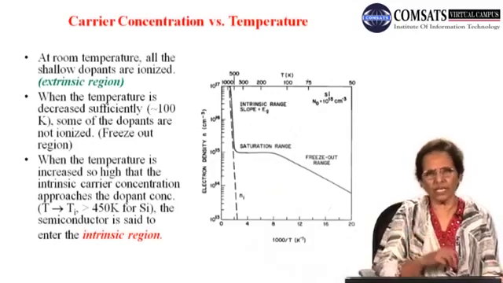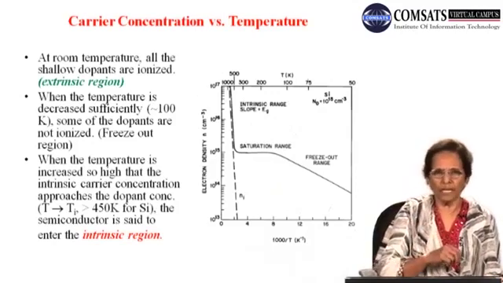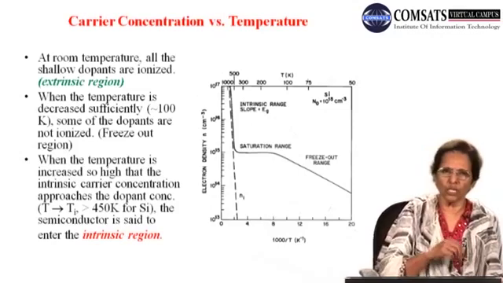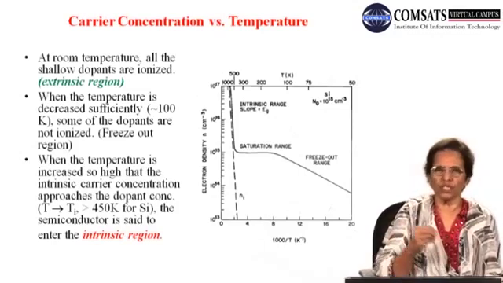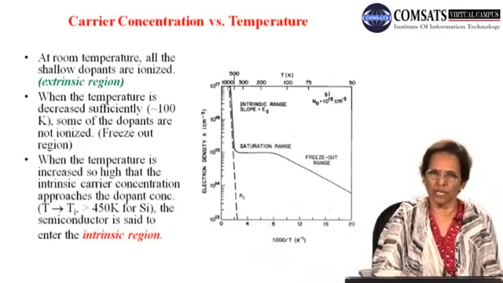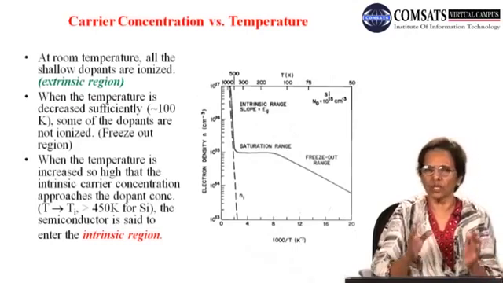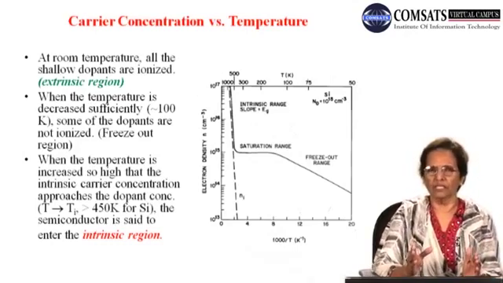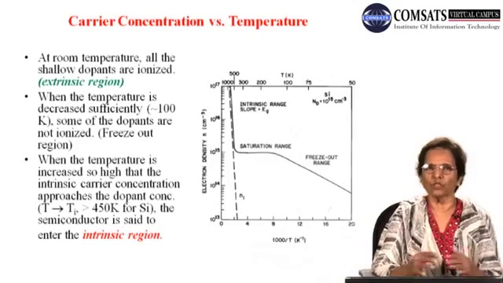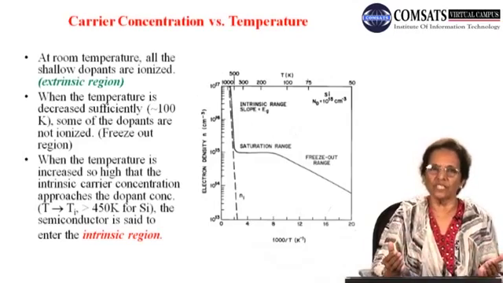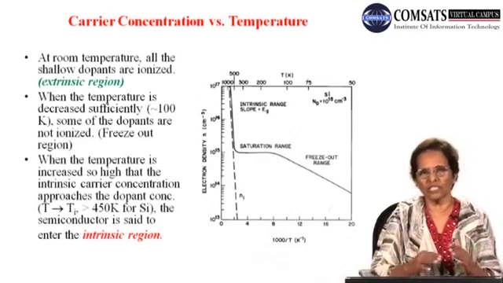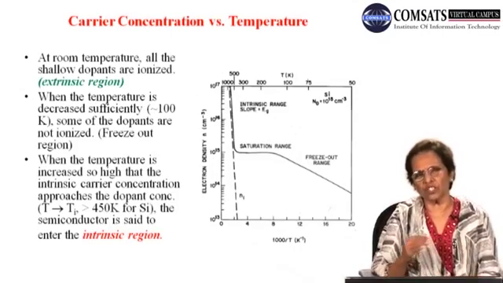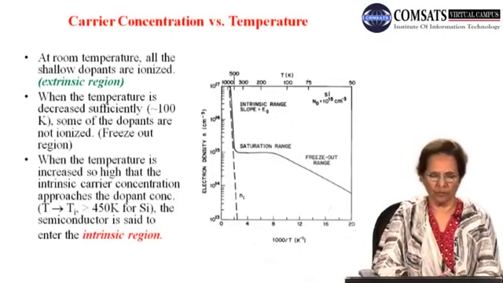They are slowly beginning to ionize. You are slowly getting fewer and fewer free electrons in the conduction band at very low temperatures. So at low temperature, the stage is called the freeze out stage, or the stage at which the impurity is just beginning to ionize.